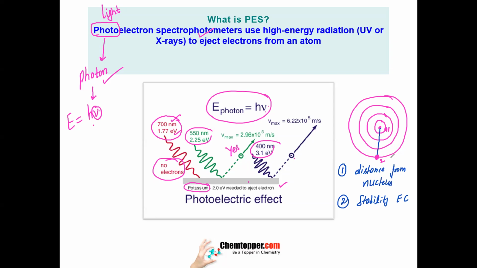Now when you want an electron to jump out, let's say the electron is jumping out here to here, out of the atom, and here to here. This is electron 2, this is electron 1. Can you think about which electron will need more energy to jump out of the atom?